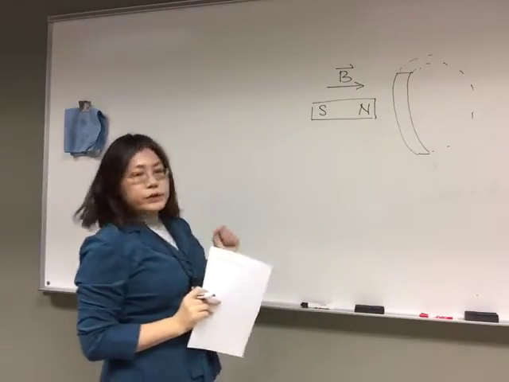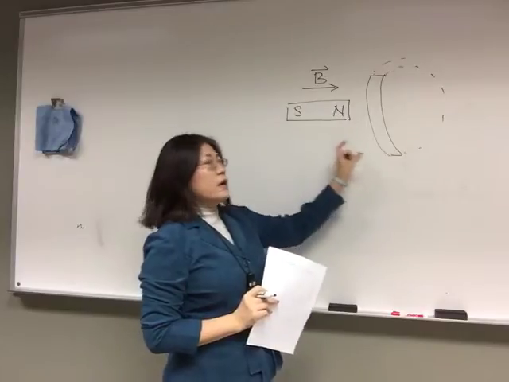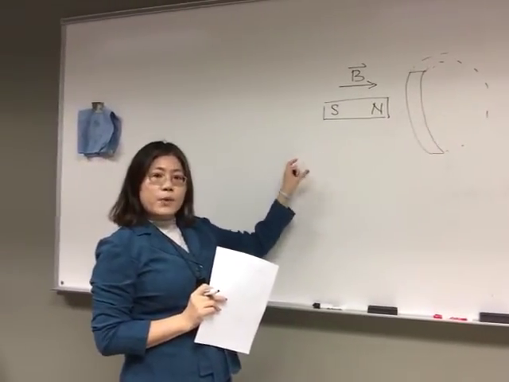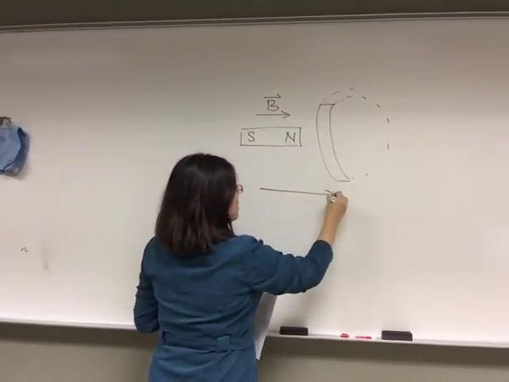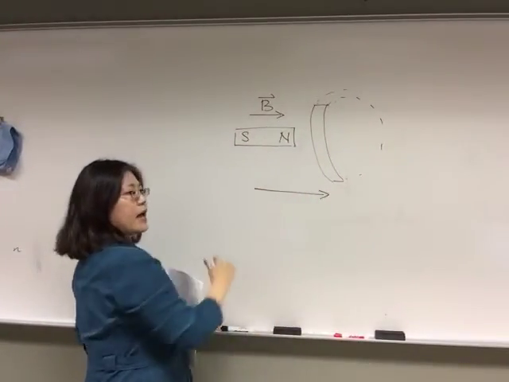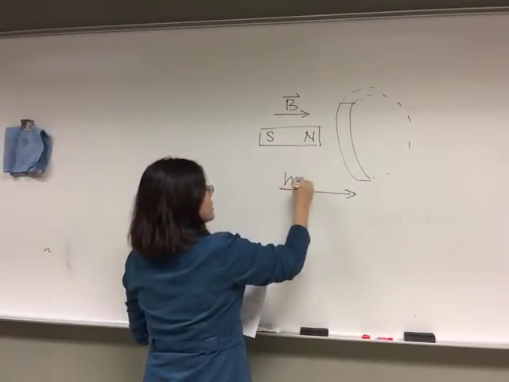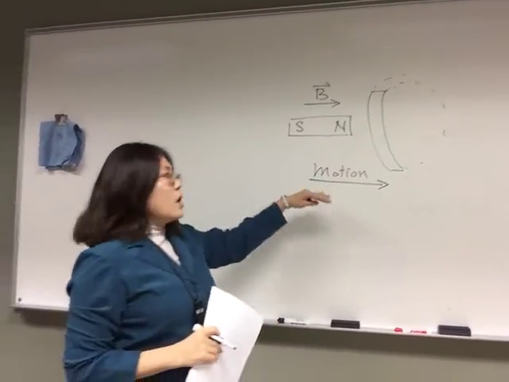Now I'm going to bring this bar magnet toward the loop or away from the loop and see what will happen. When you move this, this arrow indicates the direction of movement.